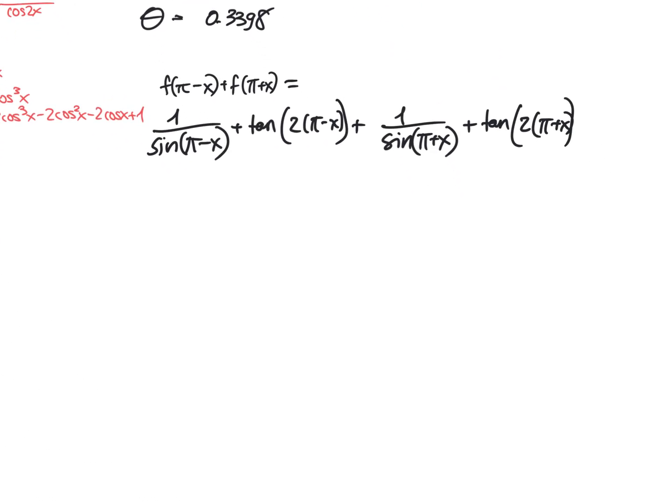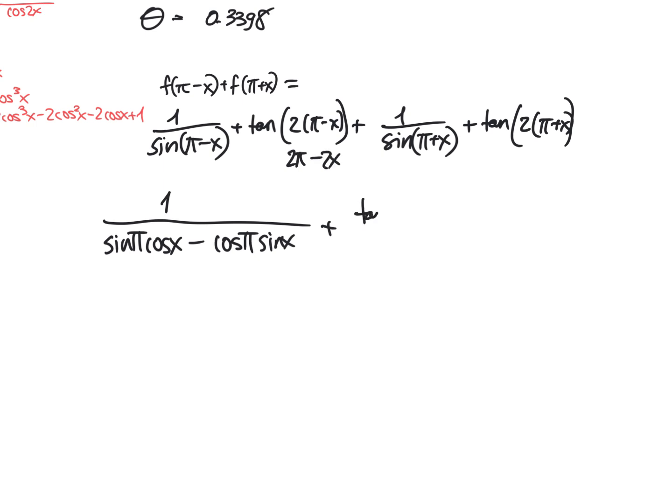Okay? All right. So this is sine pi cosine x minus cosine pi sine x plus tangent to theta. So I'm going to do like, this is 2 pi minus 2x.